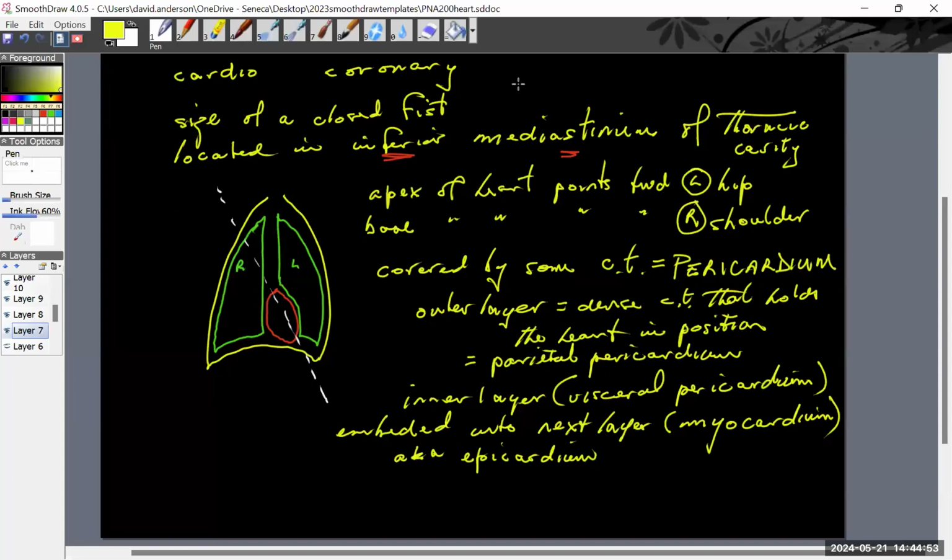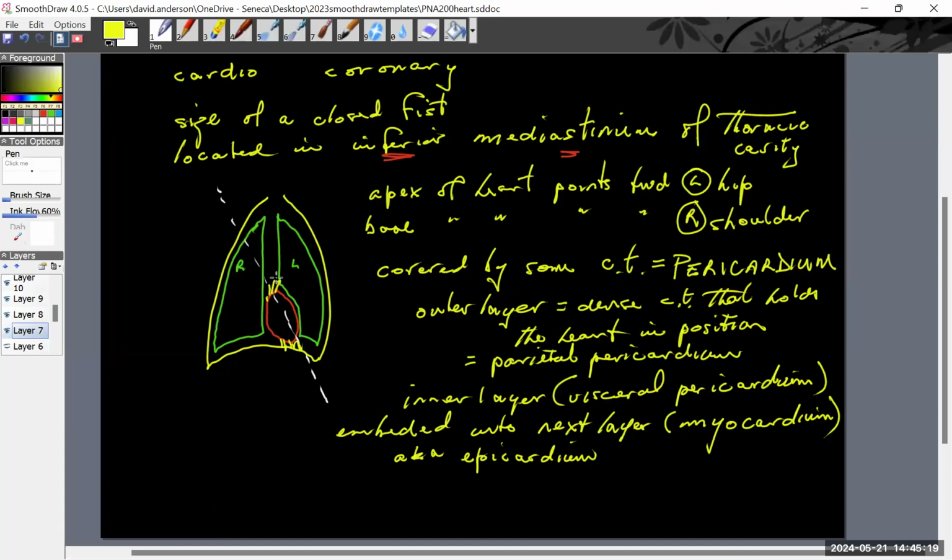So the idea between these two layers is that there's an inner layer that allows the heart to contract and relax, and the outer layer that holds the heart in its location within the mediastinum, with some fibrous connections to the base of the diaphragm and adhering to some of the structures associated with the thoracic cavity, like the sternum and so on.